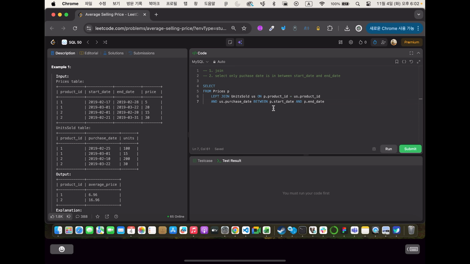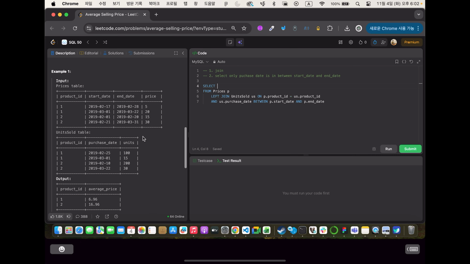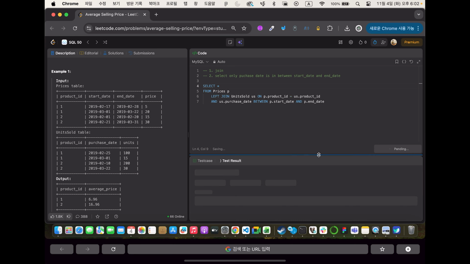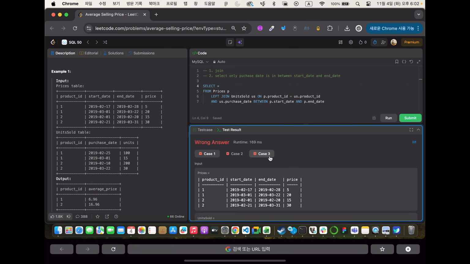So it will only connect where the purchase date is between the start date and end date. So what columns do I want? I think I'll show everything first, so I can show you the result of this one.